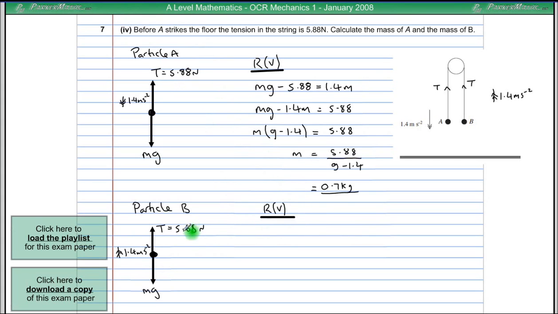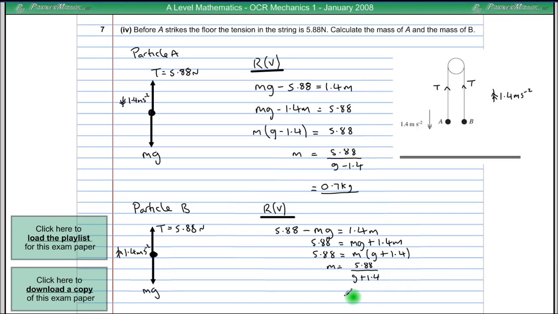This time forces going upwards are positive. We've got the tension, which is 5.88. In the opposite direction we've got mg, and that's going to equal ma. Well, a is 1.4, so again on this side we get 1.4 m. Rearranging, we get 5.88 equals mg plus 1.4 m. Factorising gives us m(g plus 1.4), and then divide through, we get m equals 5.88 over g plus 1.4.